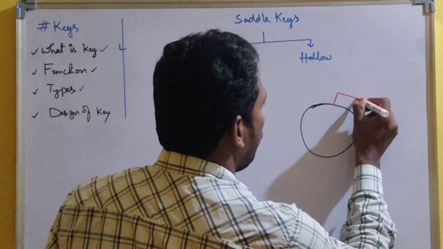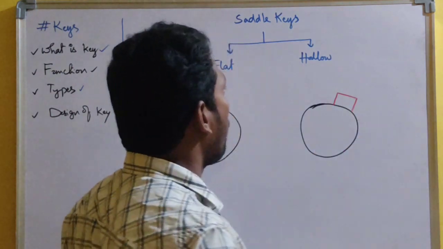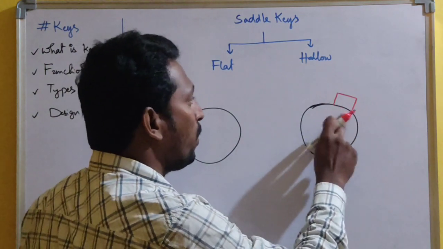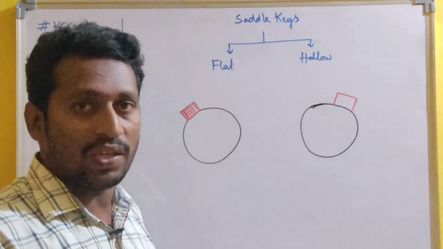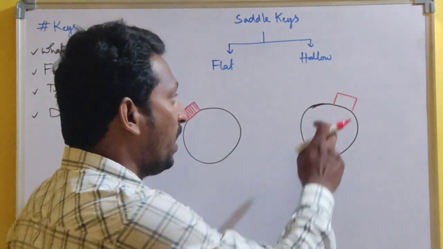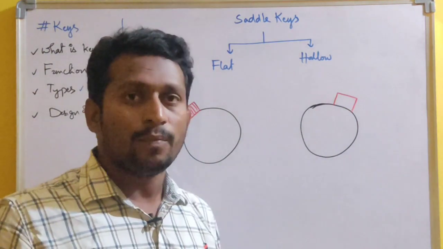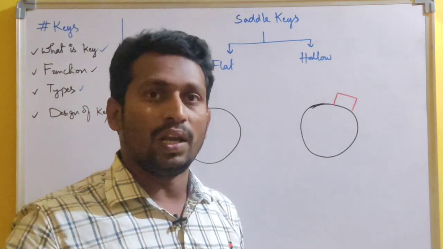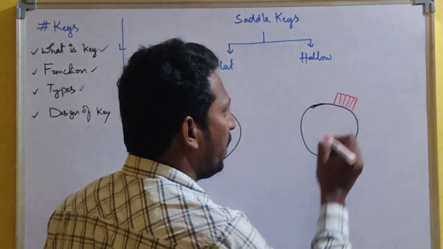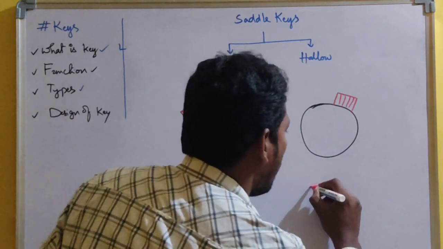this is the key to be placed on the surface of the solid shaft. But here no geometrical shape is changed on the surface of the solid shaft. The modification is done on the bottom surface of the key only. I will show that in the 3D diagram. This is the key.